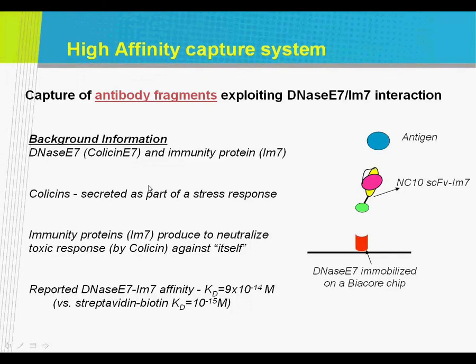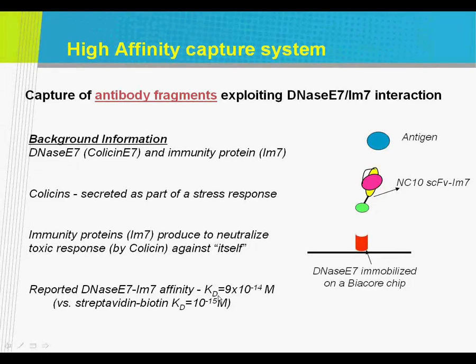So when we were using this system in our lab for something else, I thought that might be an interesting way of immobilizing our antibody fragments onto the chip surface. So the idea was to make the DNase E7 protein and couple it covalently to the chip surface, and at the same time make a single-chain antibody fragment fused with the immunity protein at the C-terminus.